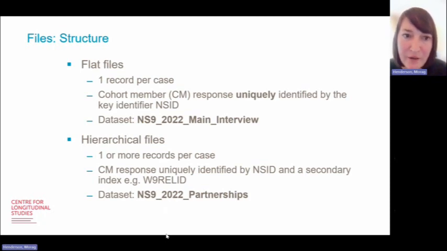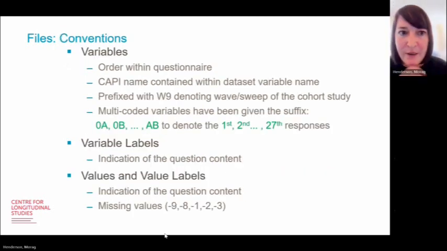And the hierarchical files are those sort of partnership grids and childhood grids that may capture more than one record per participant. And there's a secondary index as well as the primary index capturing the identification numbers of the people involved.